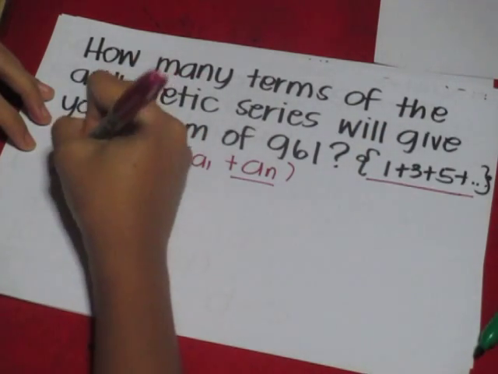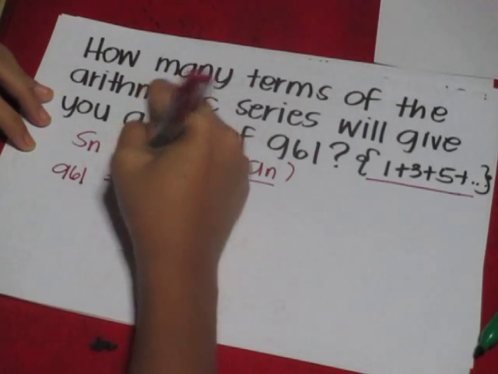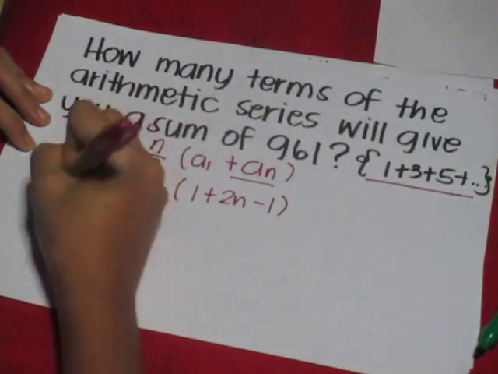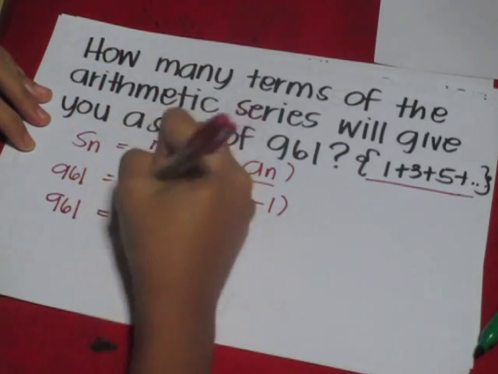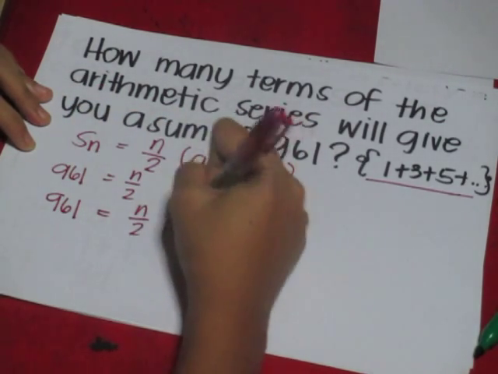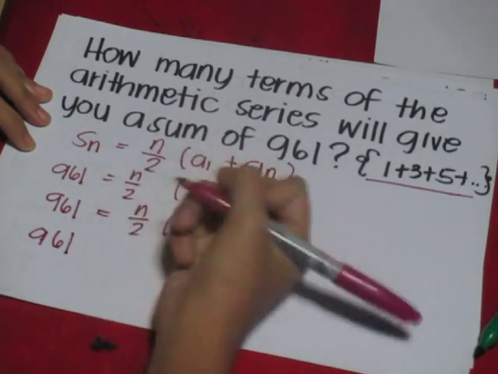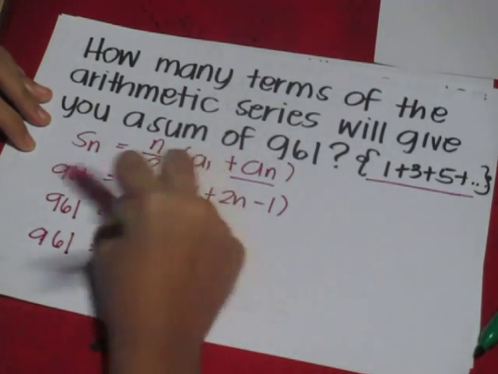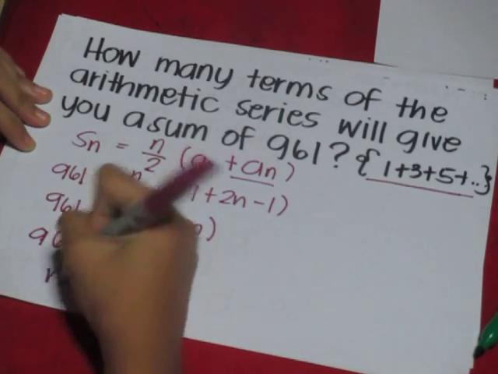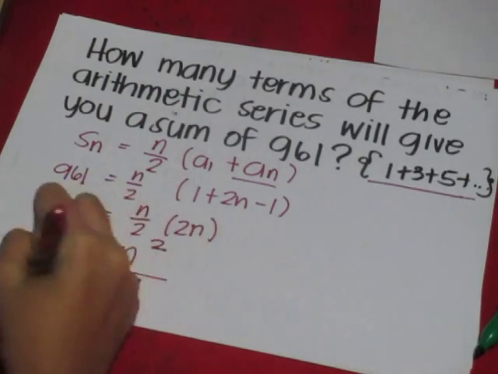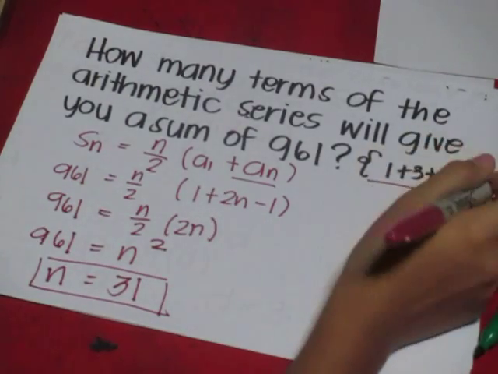So that's 961 is equal to n over 2 times 1 plus 2n minus 1. 961 is equal to n over 2 times 2n, and 961 is equal to n squared. So our n will be 31. So there are 31 terms in this series.